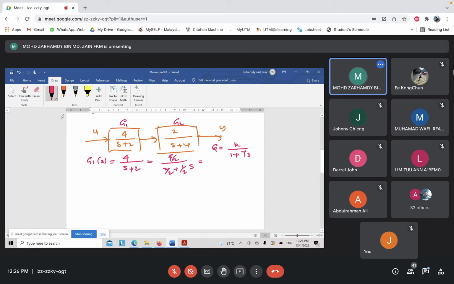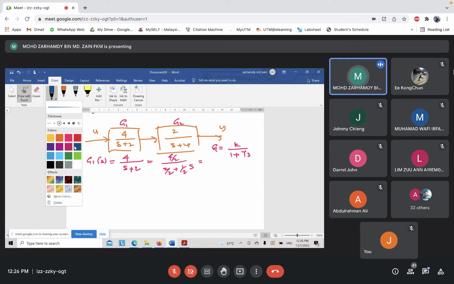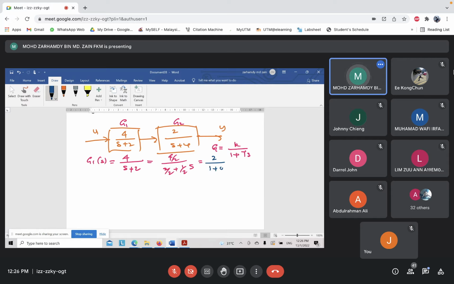So from here we have 2 over 1 plus 0.5S. Now we need to change from the time domain to the frequency response. So G1(j omega) is equal to 2 over 1 plus 0.5 j omega. Once we have this standard form of the transfer function for G1, we can declare the gain of that system.